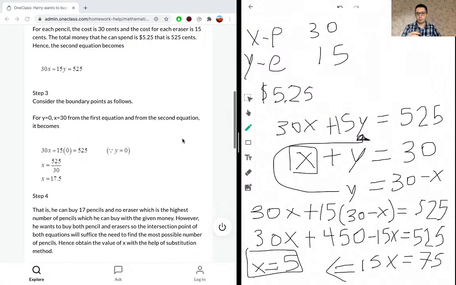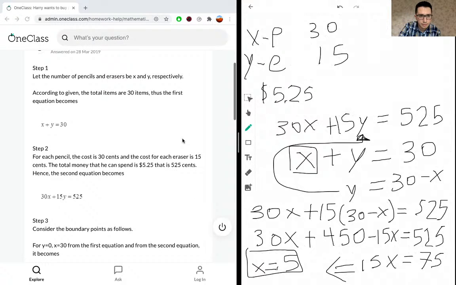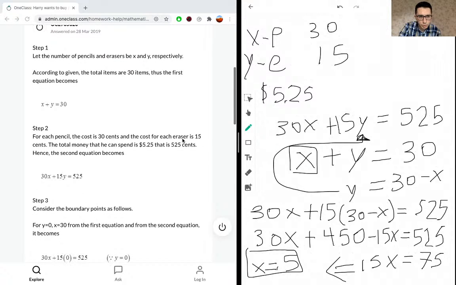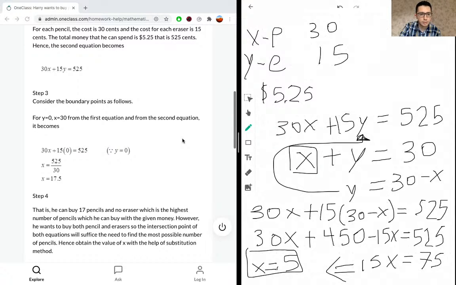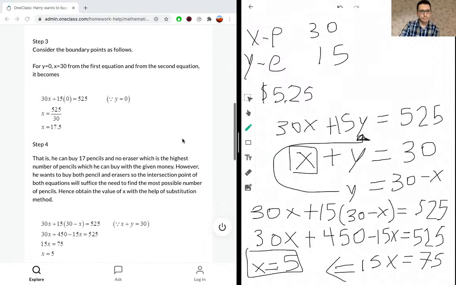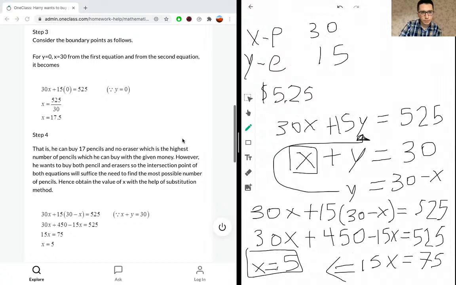So let's take a look at the solution provided in a little more detail. Here they start off defining the correct equations. They set y equal to 0 and x equal to 30.